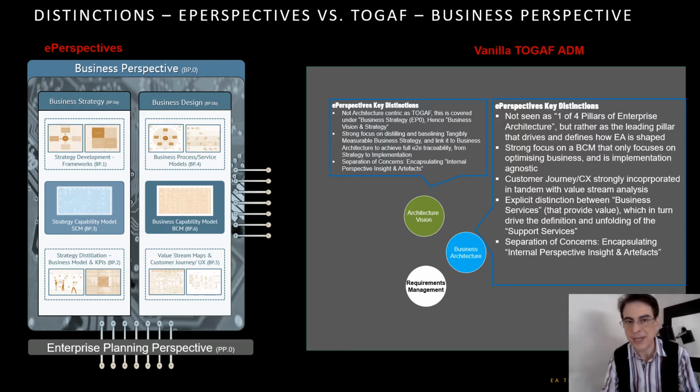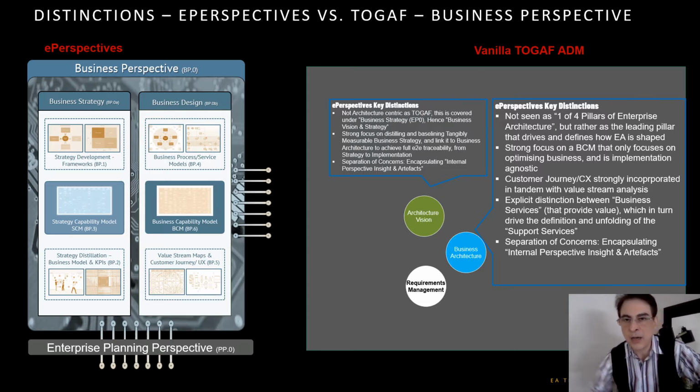So what does that mean? If you look at the left side on the ePerspective, we will see that we have, as correspondent to TOGAF's requirements management, architecture vision, and business architecture.